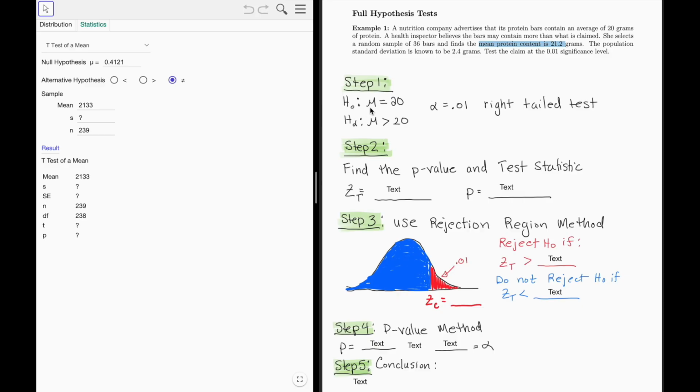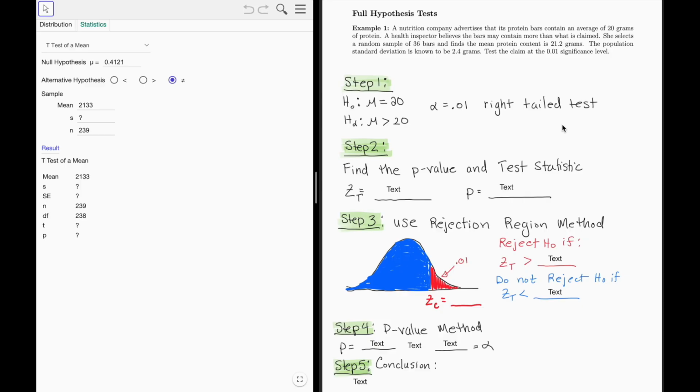Our null hypothesis is that mu is equal to 20. That's the claimed value. That's what it's thought to be up to this point. And then someone came in and said, no, I think it's more than that. So our alternative hypothesis is mu is greater than 20. Our alpha level is 0.01. And because we're doing a greater than test, it's going to be right-tailed.